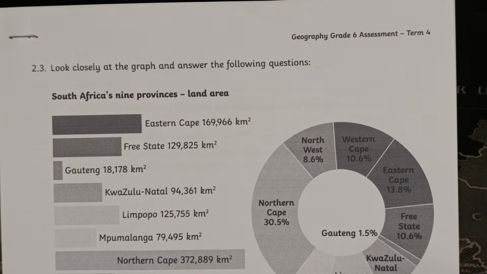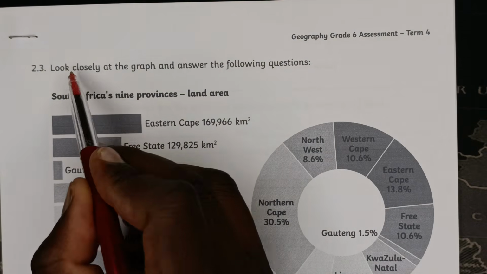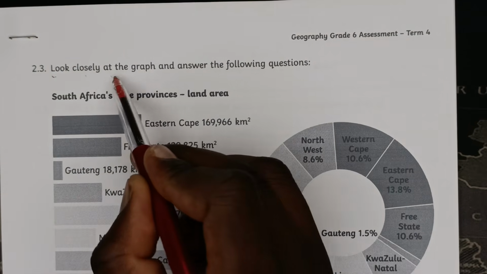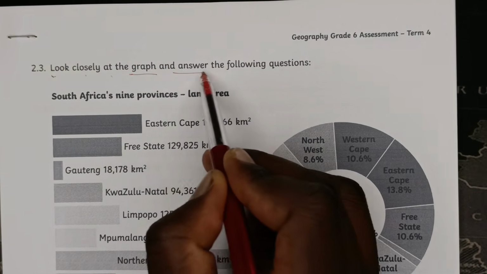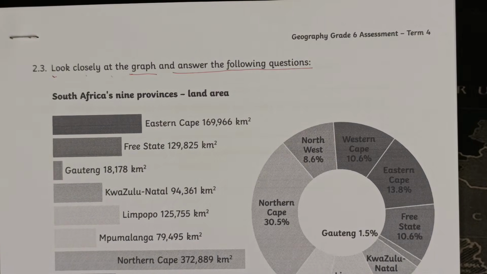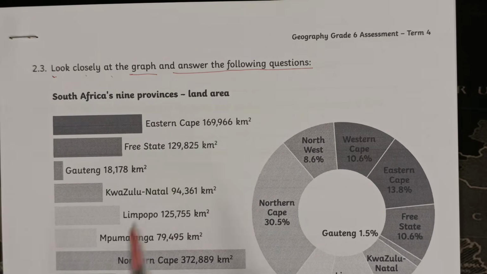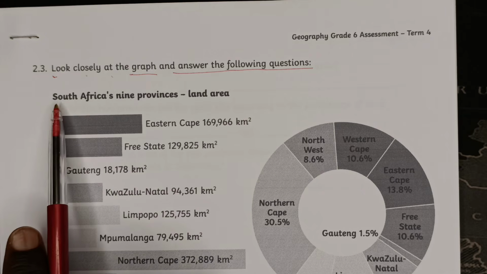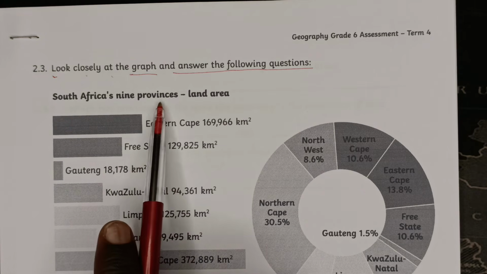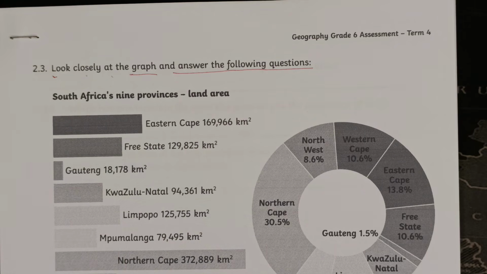So 2 says, look closely at the graph and answer the following questions. We look at the graph, we see we have got Eastern Cape, which is 169,966 square kilometers, of South Africa's 9-province land area.